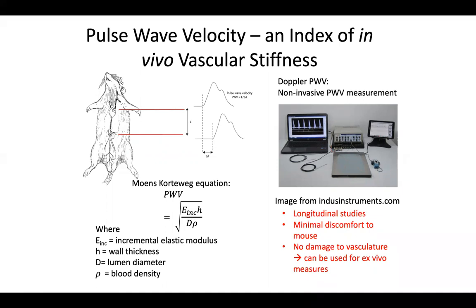And it's also proportional to wall thickness, the lumen diameter, and blood density. So this non-invasive measure of pulse wave velocity is key to understanding how blood vessels get stiffer with age.